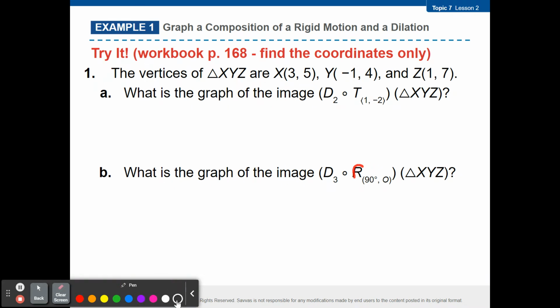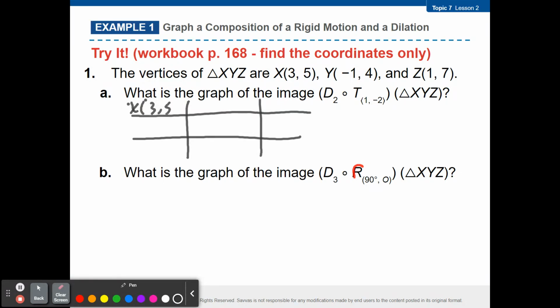So what I'm going to do here is create a chart, okay? And I'm going to put in my original points, x of (3, 5), y (-1, 4), and z (1, 7). All right, so the first thing I'm going to do is that translation. Who can tell me, what do I do for a translation?